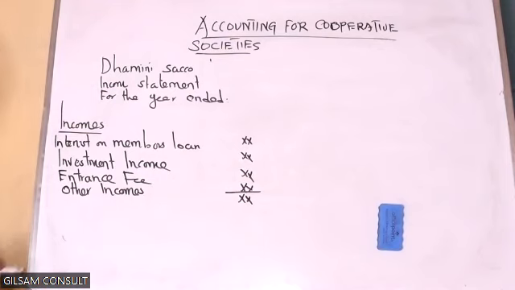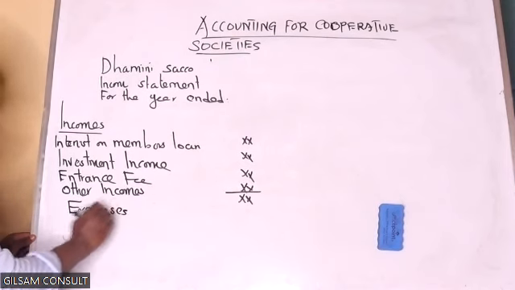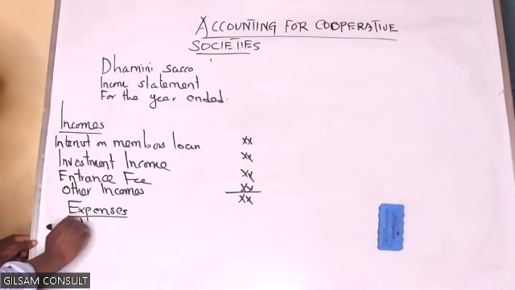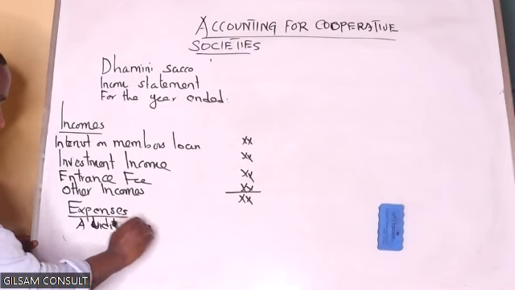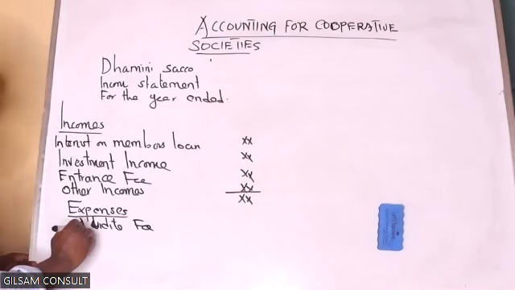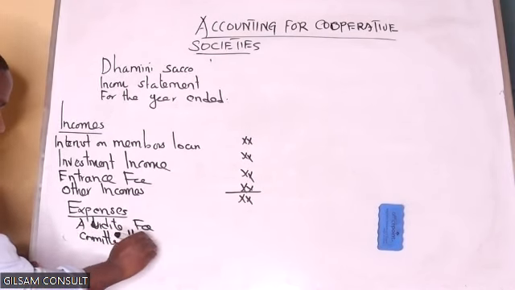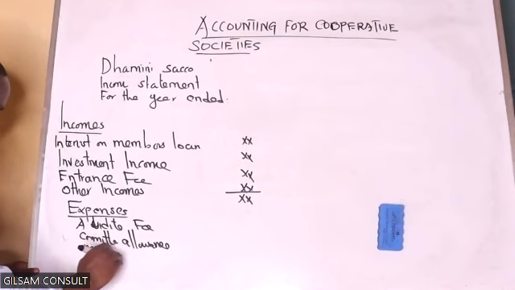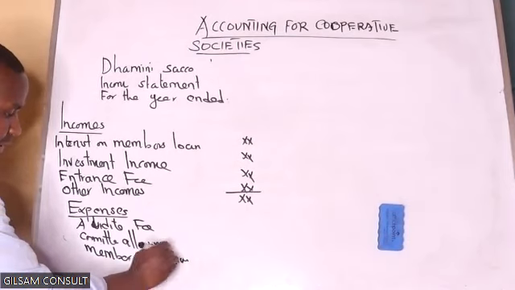Then we less expenses. We have audit fee as usual. We have committee allowance. So there are so many: committee allowance, staff expense, members education, and other expenses.